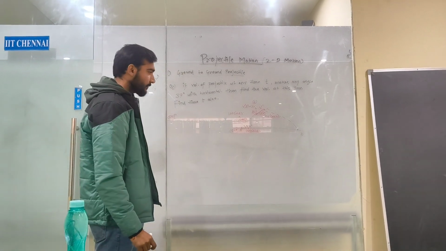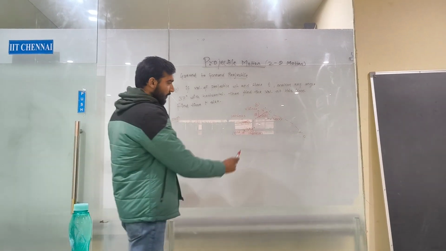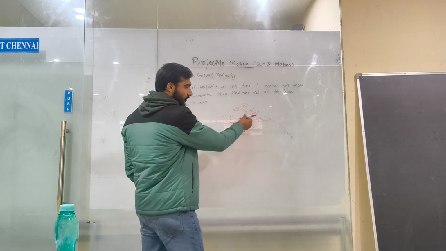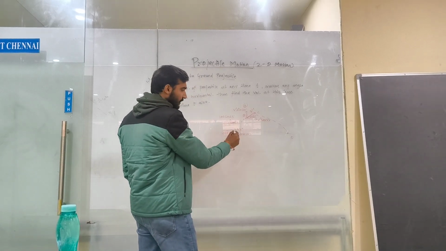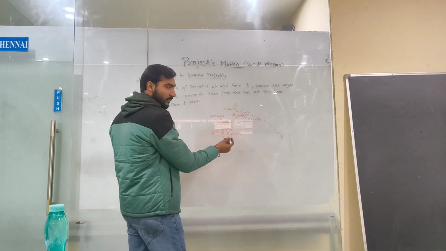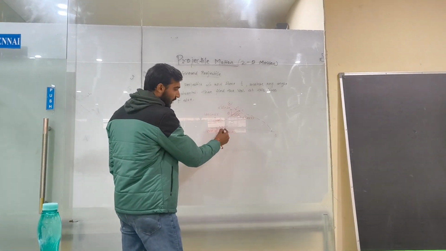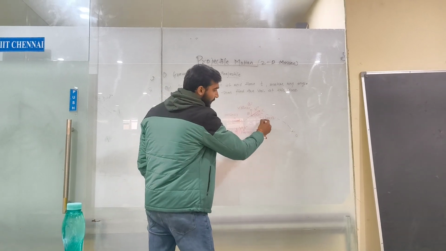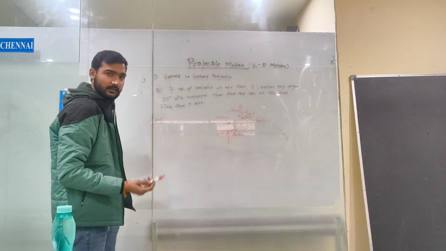Yes or no? I have told you the velocity in the x-axis will not change through the whole projectile because there is no acceleration. Gravity is only in the minus y-axis. So this 100 cos 53 will be equal to v dash cos 37.